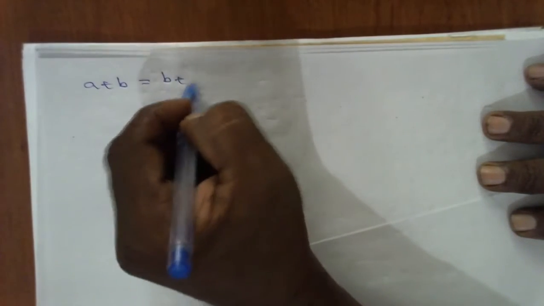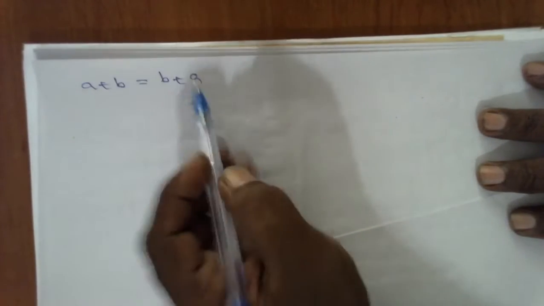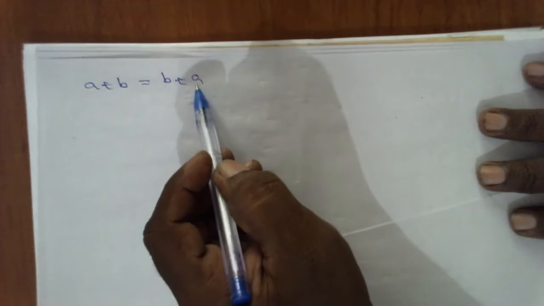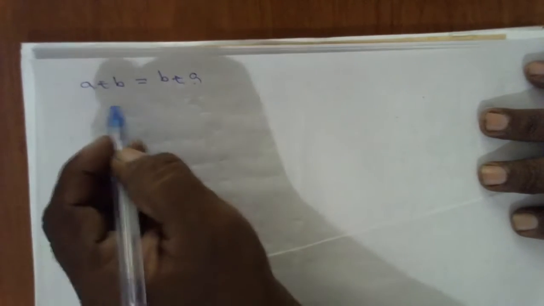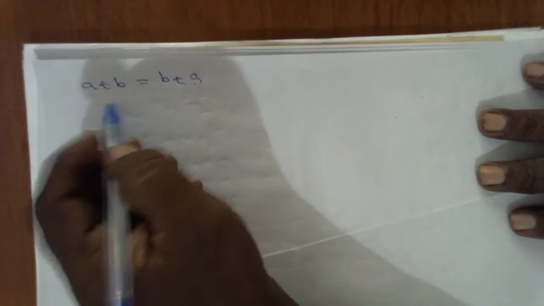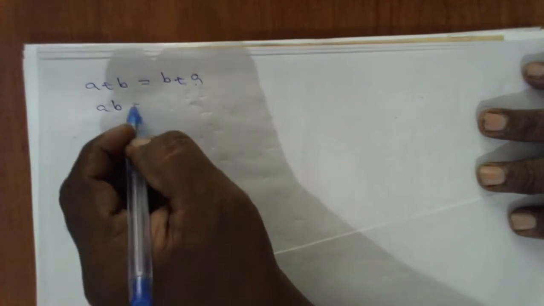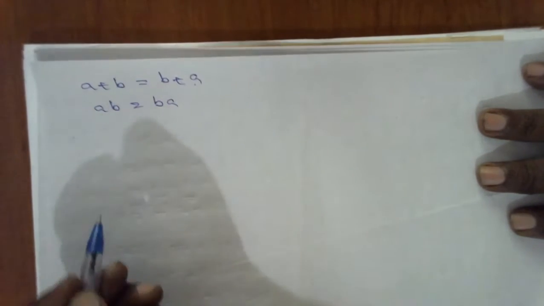So it's like 2 times 3 is 6 and 3 times 2 is 6, the order of the elements doesn't matter. In algebra, that is a plus b equals b plus a. Right, this is the commutative law under addition. Commutative law on multiplication, ab equals ba. Right.